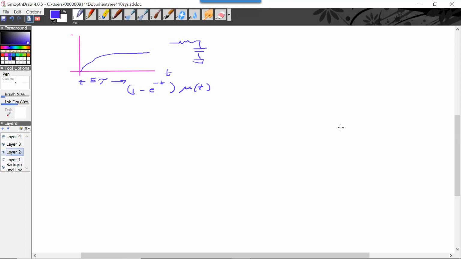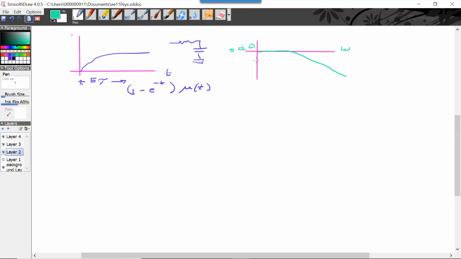But then when we look at the Bode plot of that, we have something that starts off at what looks like 0, now it's 0 dB, and then gets smaller.